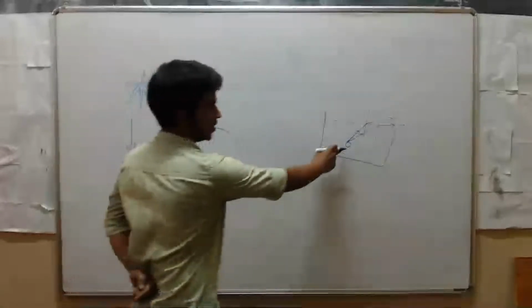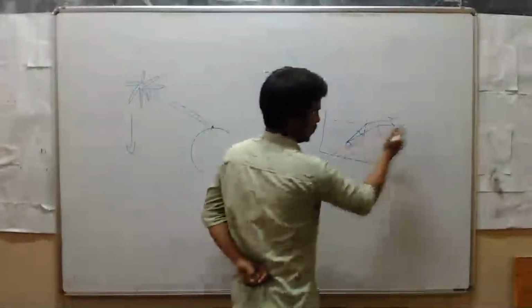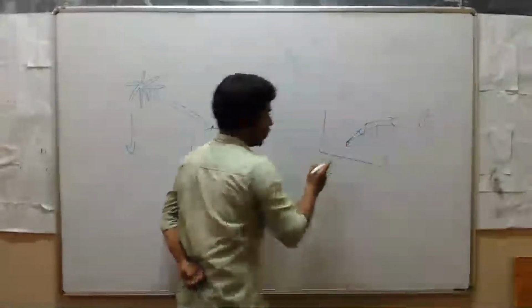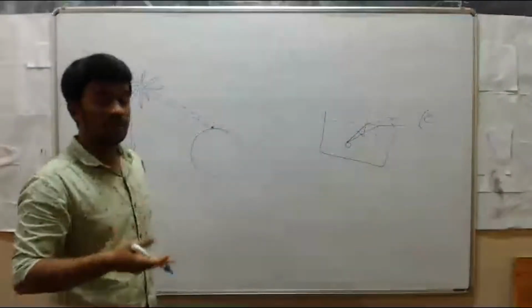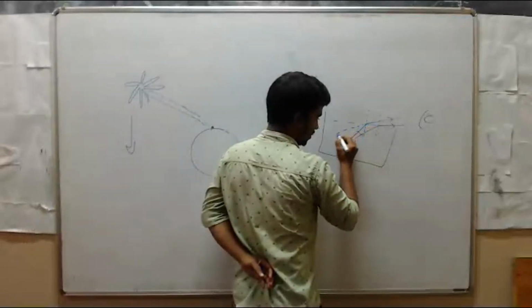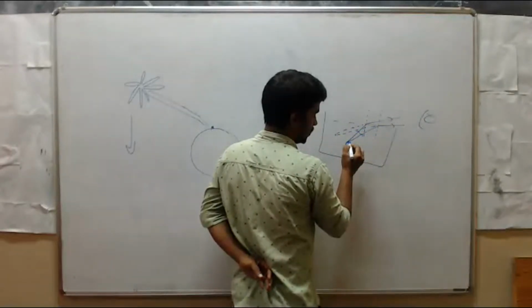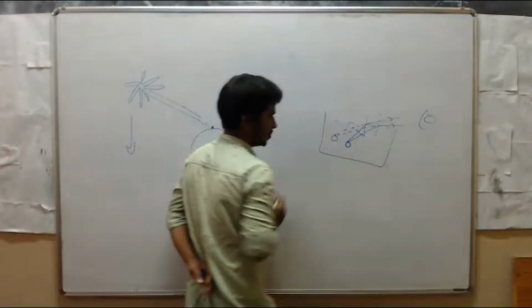This is a coin. Now if you observe this coin from this side, it appears to be raised, which means if you extend these lines, both rays meet at this point. So the position of this coin appears to be here.